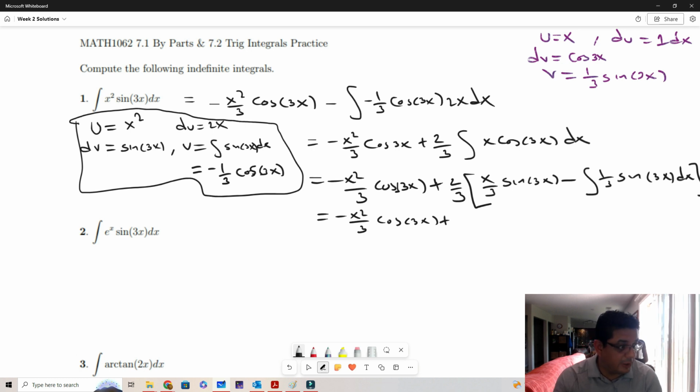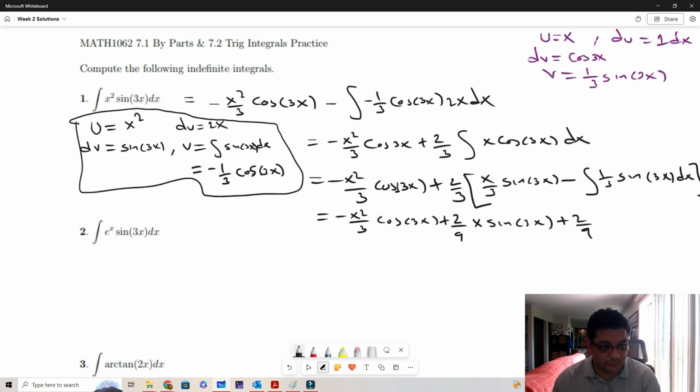The integral of sine, of course, is minus cosine, and so this is going to give me a plus here. This here becomes 2 over 9 x sine of 3x, and this 2 over 3 with this 1 over 3 becomes plus 2 over 9, and then the integral of sine, remember, is minus cosine.